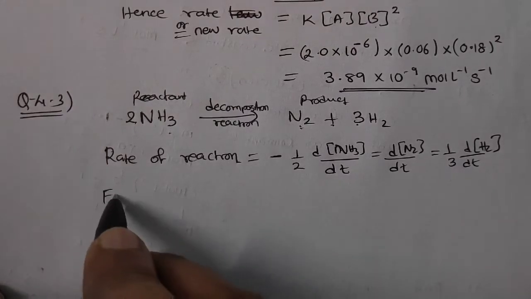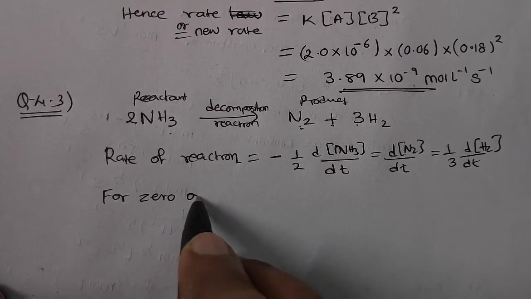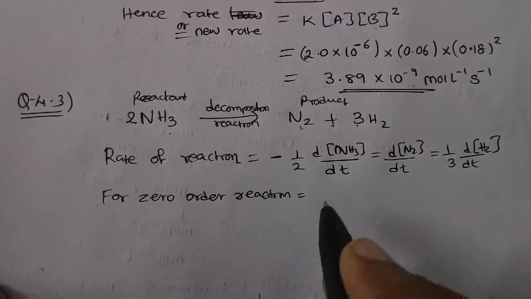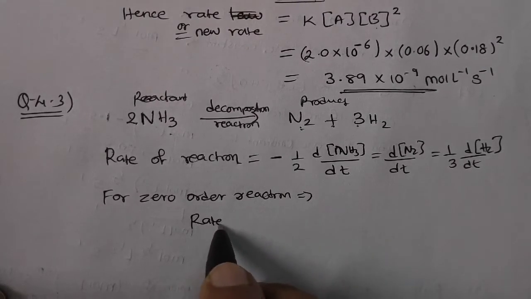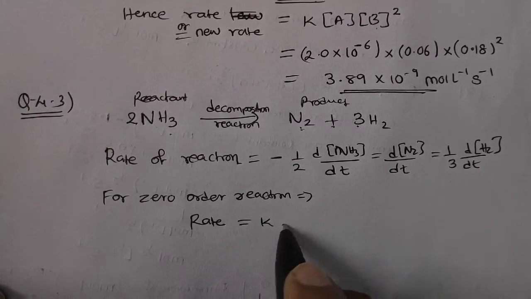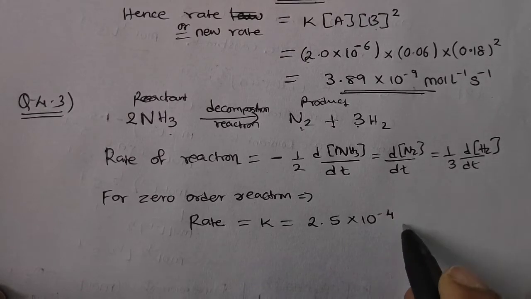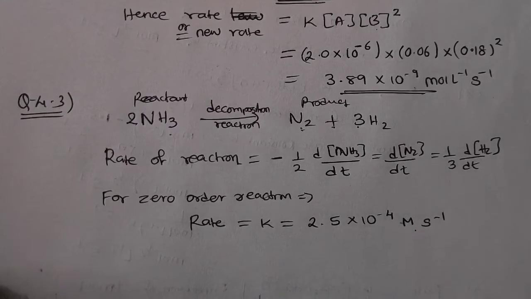Now for a zero order reaction, as given in your question, the rate is equal to K, which is given as 2.5 into 10^-4 mol L^-1, which can also be written as molarity, s^-1.